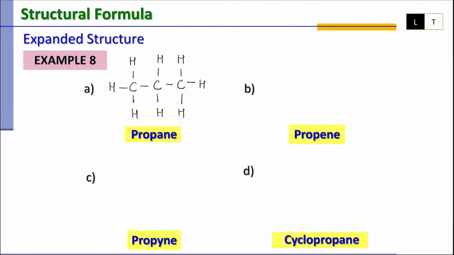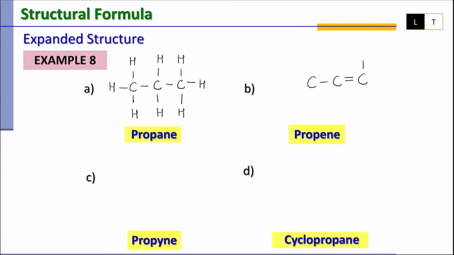For propene, as I mentioned in the previous slide, this one is C3H6. So saya ada C3, 3 carbon, and after that, saya ada 1 double bond. So pick any bond between these carbons. So saya akan pick the left one. So ada double bond kat sini. And bila double bond, kita dah guna 2 bond kat sini.